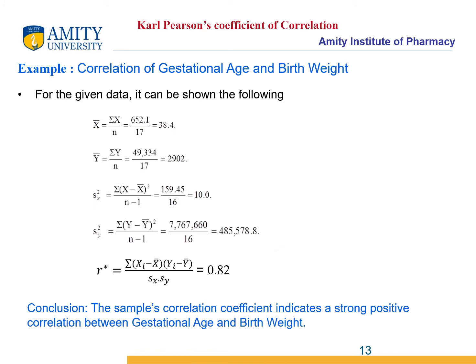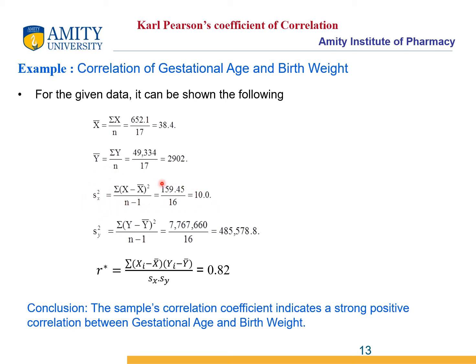Now comes the correlation. Now we are going to find the values by calculating the correlation coefficient by putting the values in the Karl Pearson formula. As we all know the formula, firstly we are going to calculate the mean values of the x and y variables. We got these values, and s square is the sigma value.